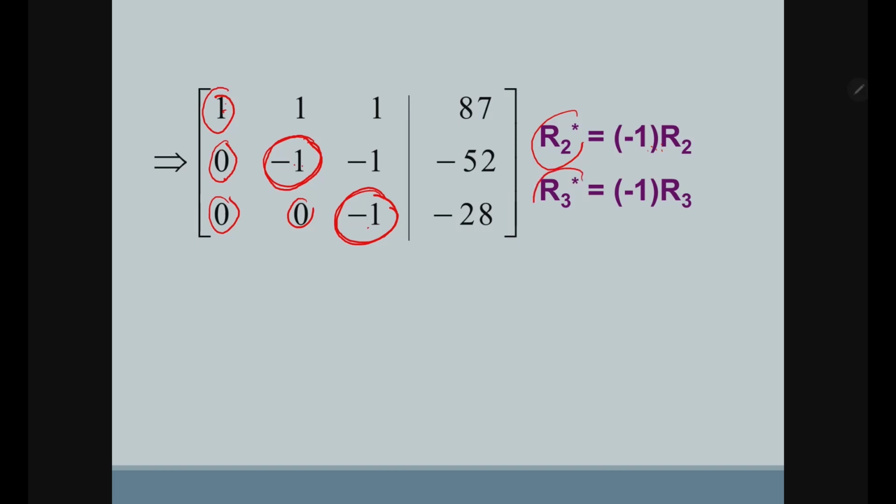So here the new row can be multiplied with negative to get positive, and then next here must be 0, next here 0, next here 0, the last one. Okay, that is the step.